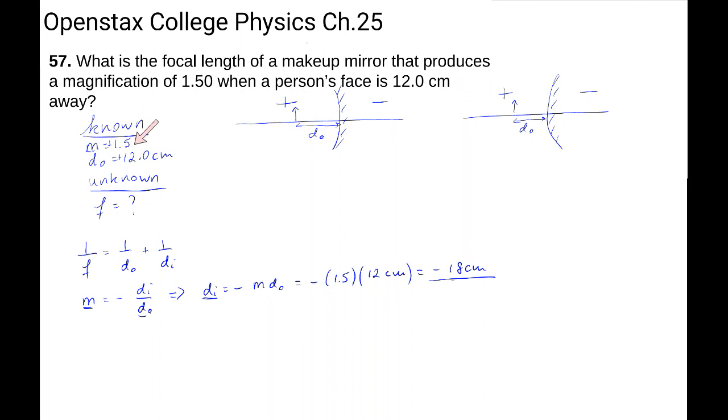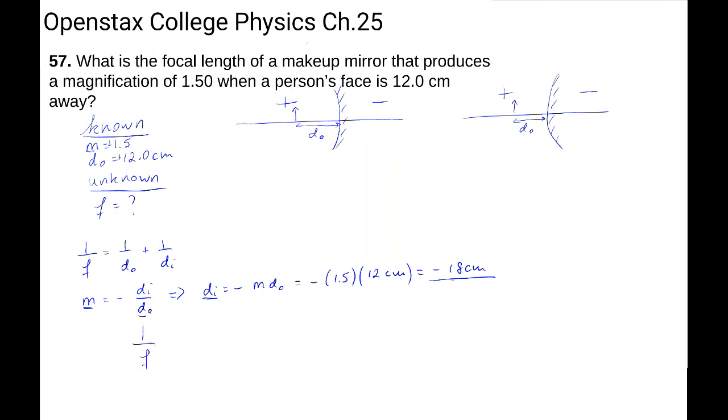And remember that upright images correspond to virtual images. So this negative number just proves that indeed we get an image that is virtual, which in turn was upright.